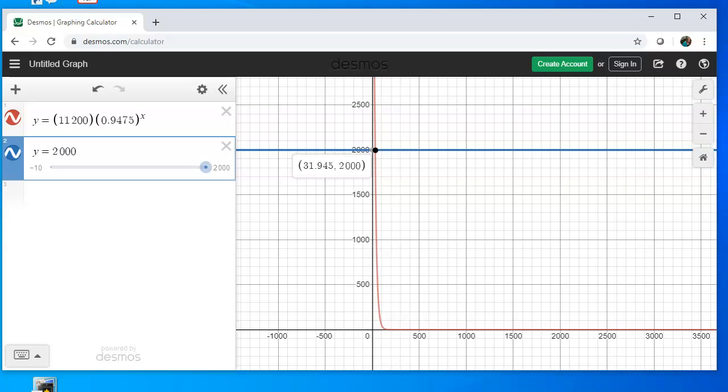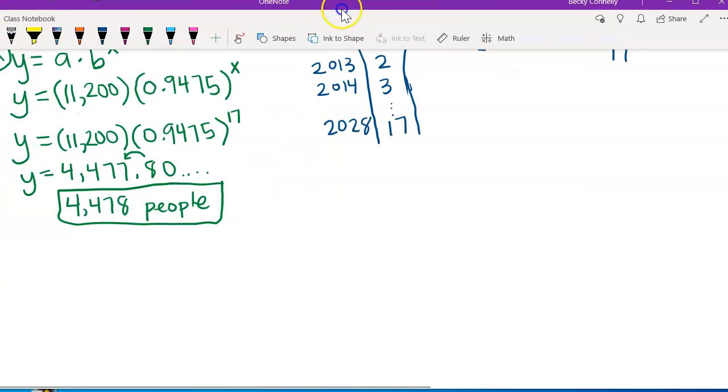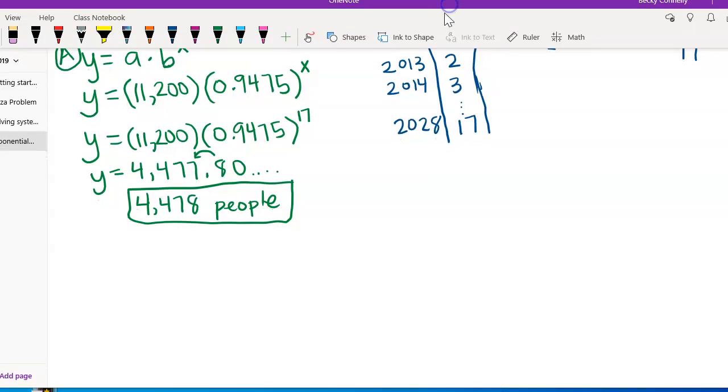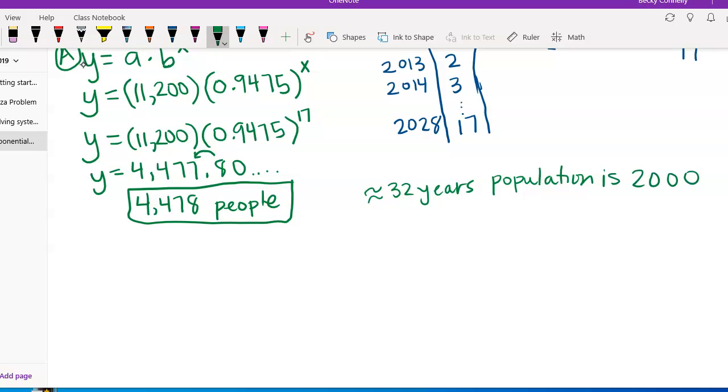But then that doesn't tell us exactly which year that is in. So make sure that you do a little bit of the work there, because we want to know when it's going to be there. So if we said it's approximately 32 years until the population is going to be 2,000, well, 32 years from what?